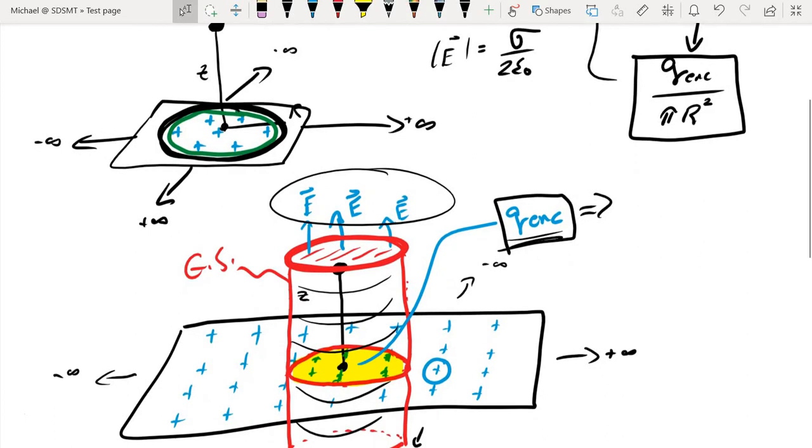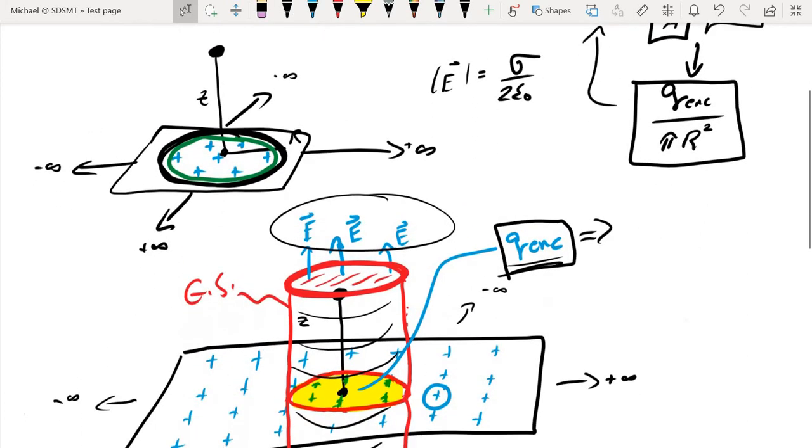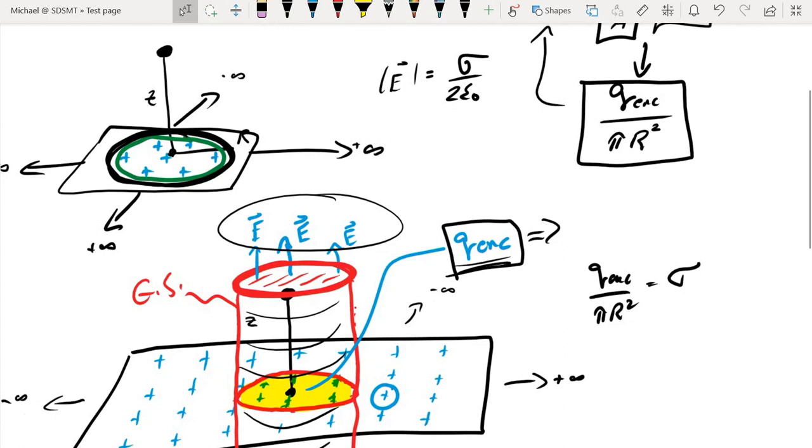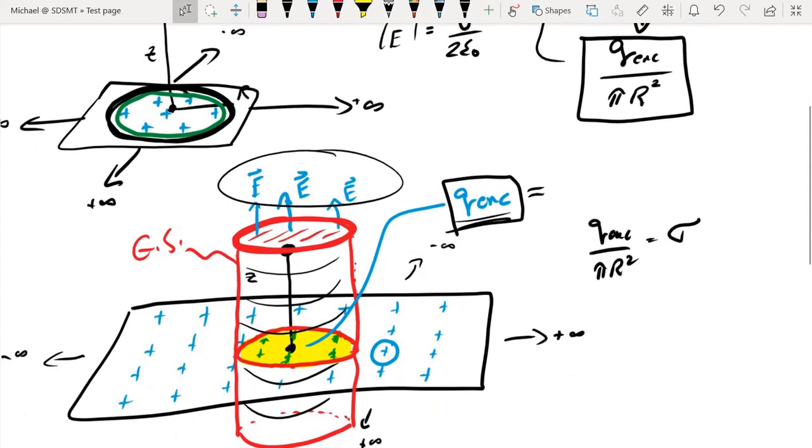That means that we can write the enclosed charge as sigma times the cross-sectional area of the sample of charge that we just took from that sheet. So we have sigma times the area that we just sampled.